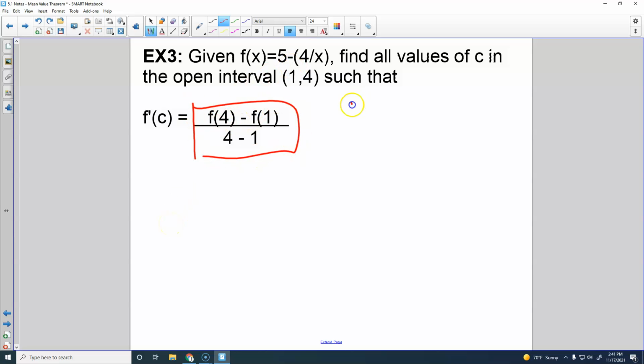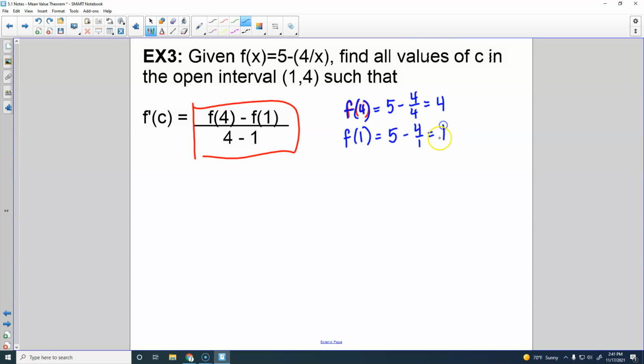Okay? So f of 4 is going to be 5 minus 4 over 4, which will give us 4. And f of 1 is 5 minus 4 over 1, which will give us 1. I am plugging into the function that they gave me up here.